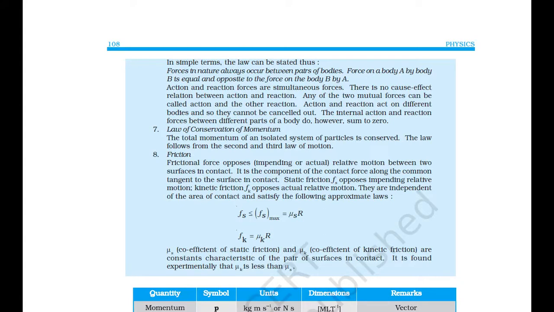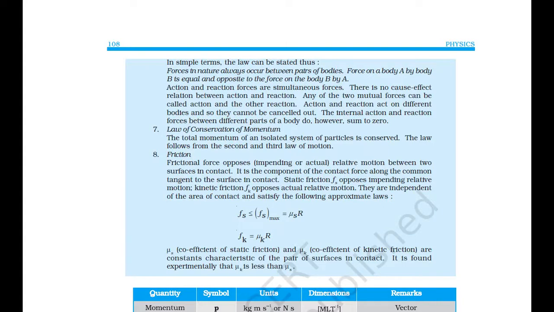The force on body A by body B is equal and opposite to the force on body B by A. So action and reaction are simultaneous forces. There is no cause-effect relation between action and reaction. Either of the two mutual forces can be called the action and the other the reaction. Action and reaction act on different bodies and so they cannot be cancelled out. The internal actions and reactions between different parts of a body sum to zero.